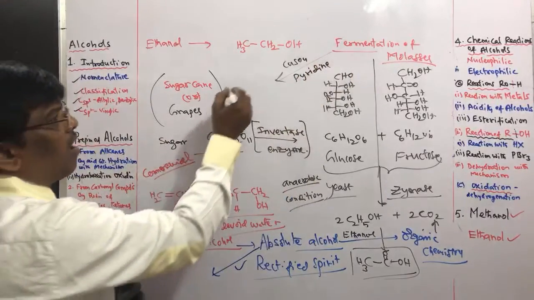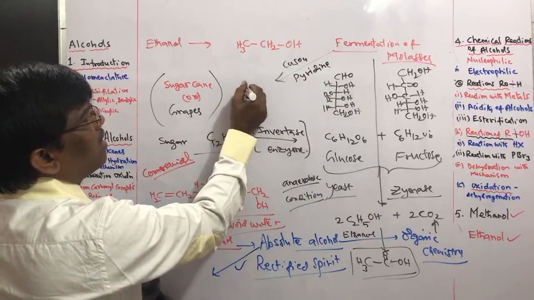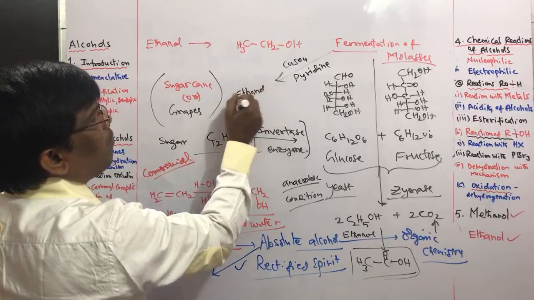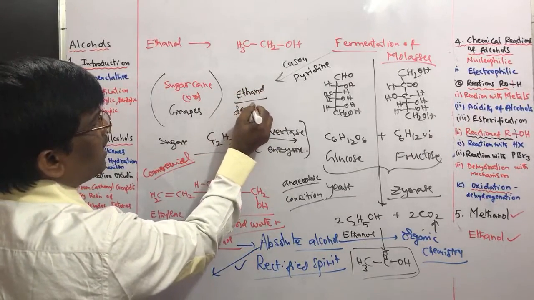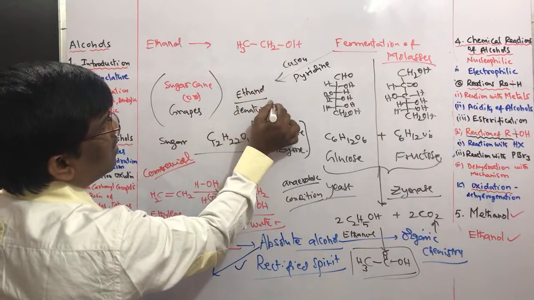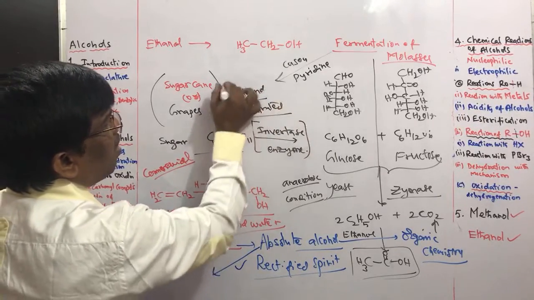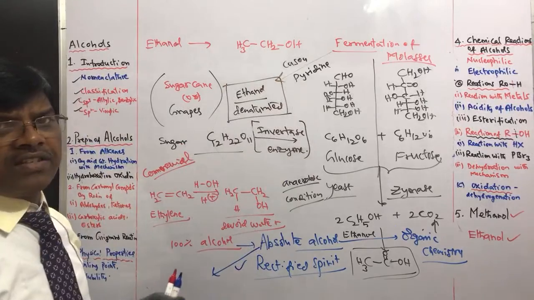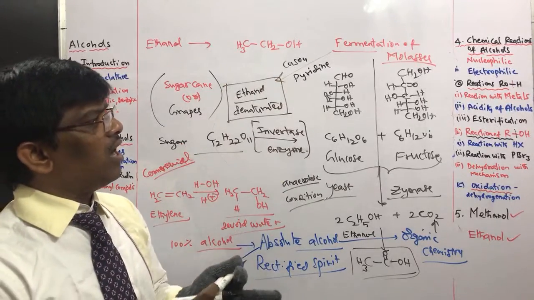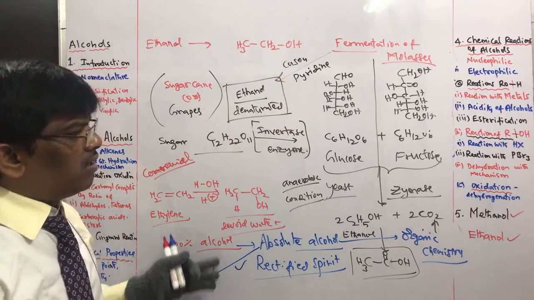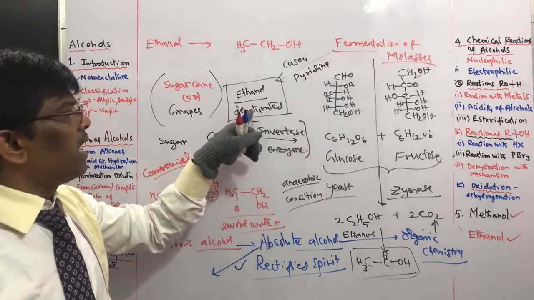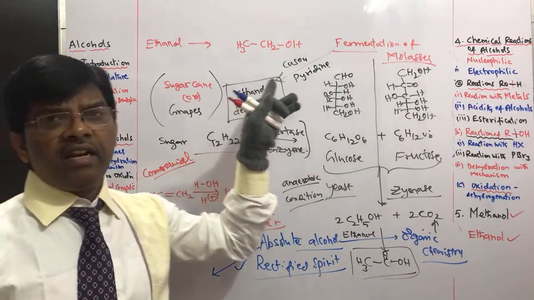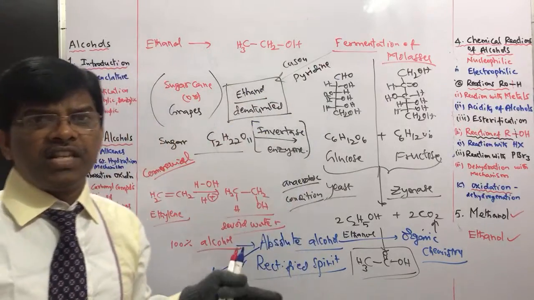So this alcohol or ethanol mixed up with copper sulfate and pyridine is known as denatured alcohol. Yes, students. You might have seen on train wagons, written like denatured alcohol or spirit, industrial spirit.